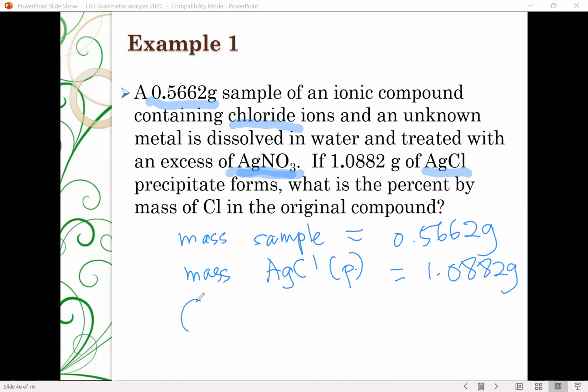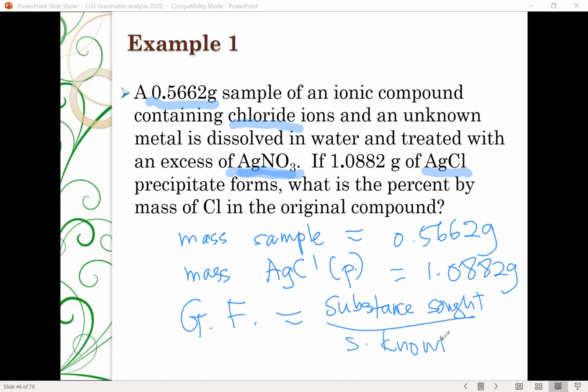We should find the gravimetric factor. What is the gravimetric factor? It is the substance sought divided by the substance known. This is the formula mass of the substance sought divided by the formula mass of the substance known in a balanced term, meaning that we have the upper and lower term balanced.